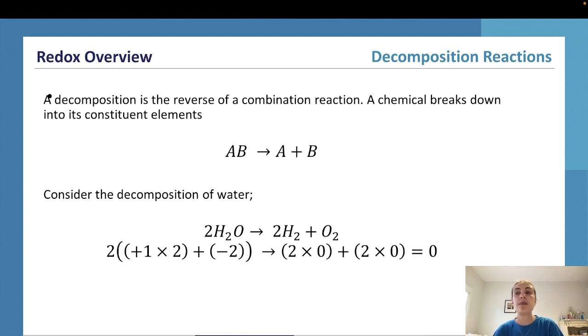So the oxygen is losing 2 electrons and hence is being oxidized, and so hence it is the reducing agent. It's causing the hydrogen to be reduced.